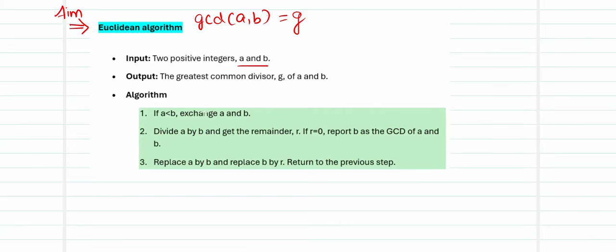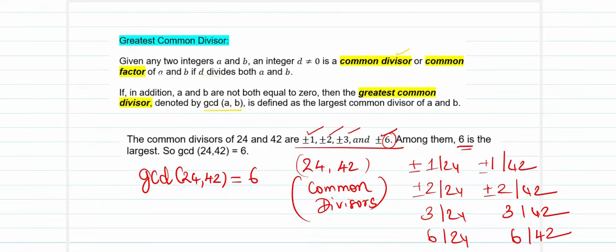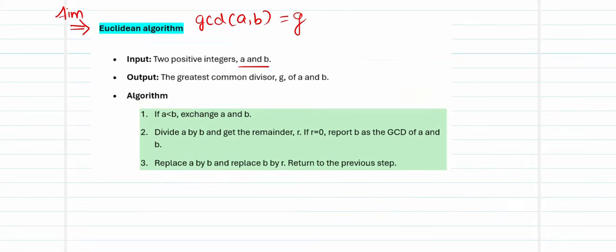First, we need the process of initialization. You will have to check that b is always going to be smaller than a.